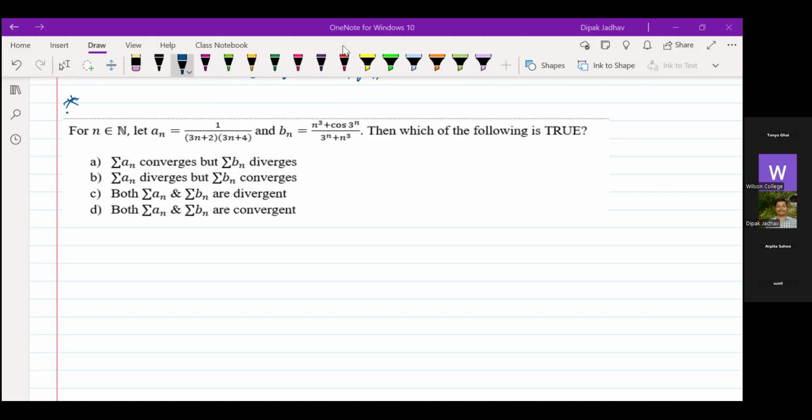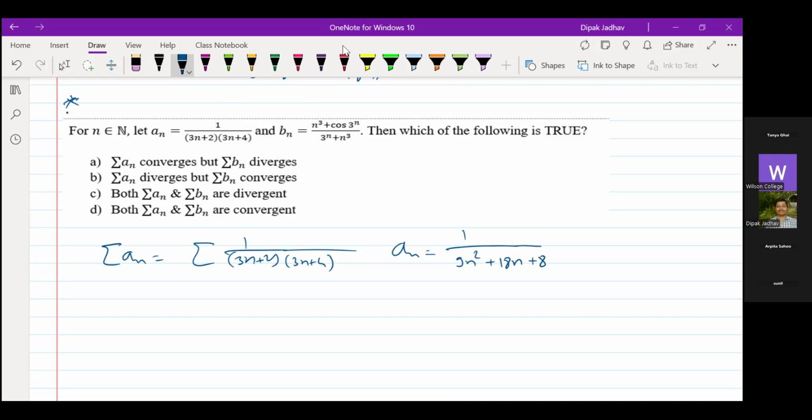Okay, so let us look at summation A. Summation 1 by (3n plus 2) into (3n plus 4). So here an is, let us open the brackets: 9n square plus 18n plus 8.